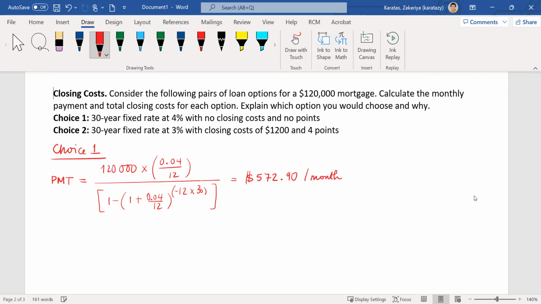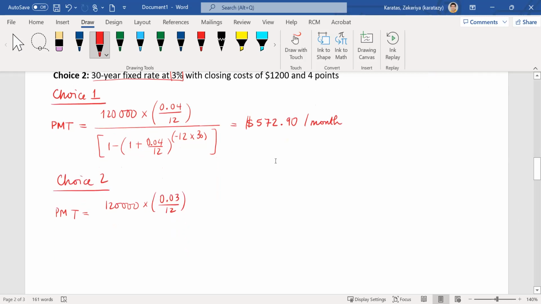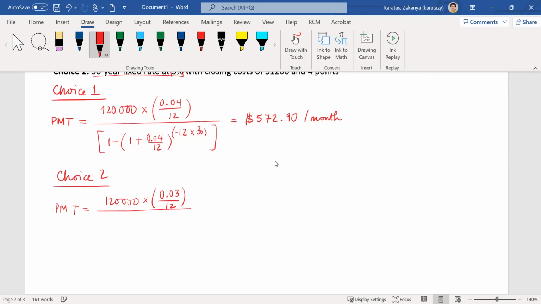Now, in the second problem, the 3% rate, you do it the same way as in choice two. So the monthly payment will be computed the same way. It's 120,000 times 0.03 divided by 12, and then divide the whole expression by 1 minus 1 plus 0.03 over 12, raised to the power negative 12 times 30.